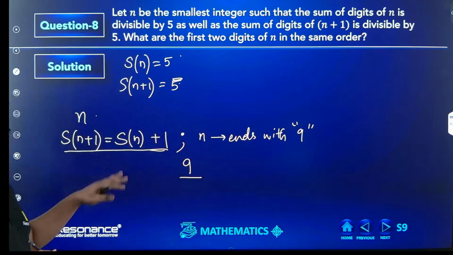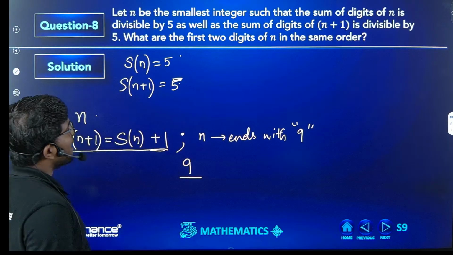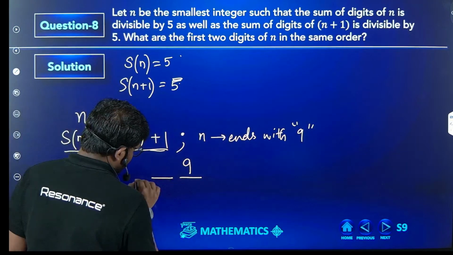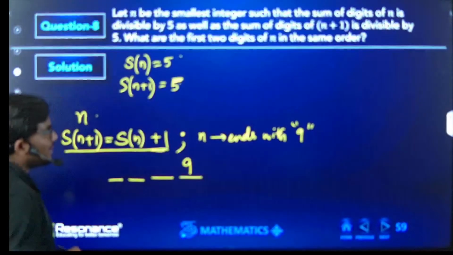And extending the same logic, we can also deduce that the further digits till the fourth digit also have to be 9.